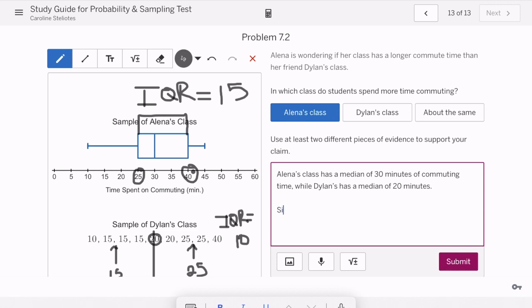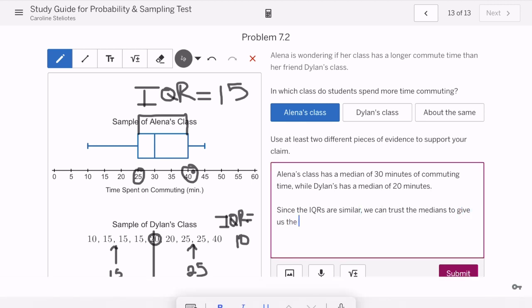But I'm just going to add, since the interquartile ranges are similar, we can trust the medians to give us the necessary information.